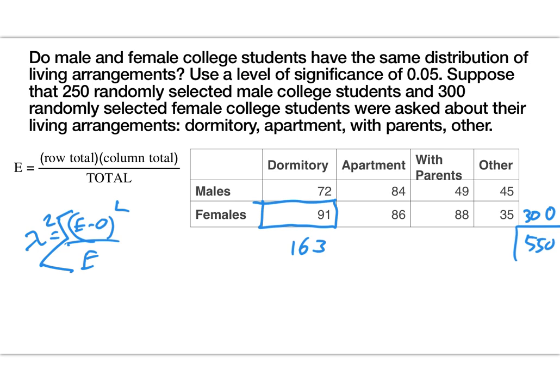So to find the expected value for that one cell, I would take the row total, 300, times the column total, which is 163, and divide by the overall total, which is 550.